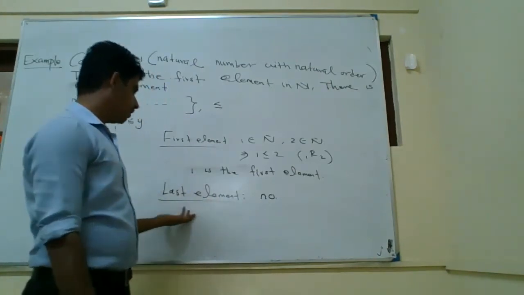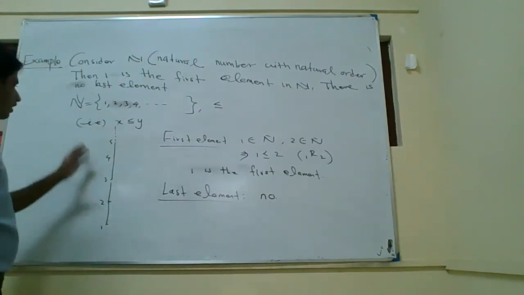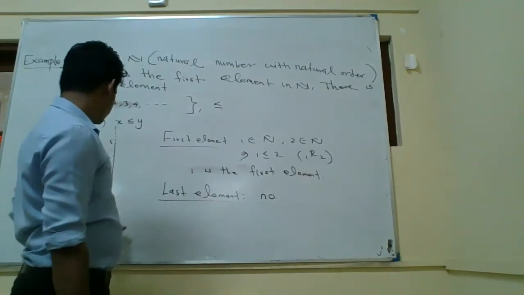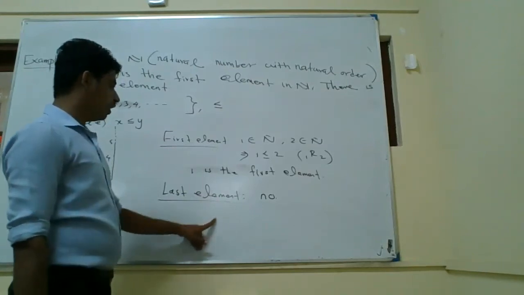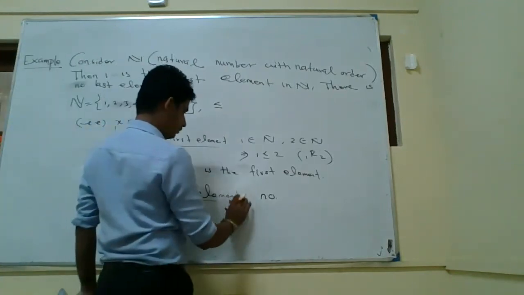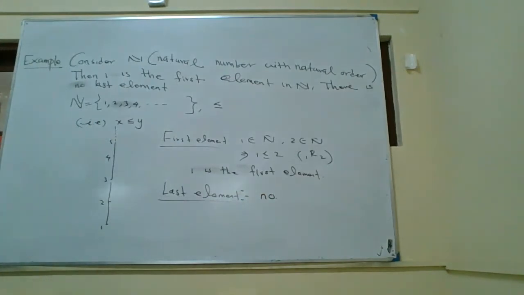Therefore, we can't say there is a last element in the natural numbers. We have the first element, but there's no last element.